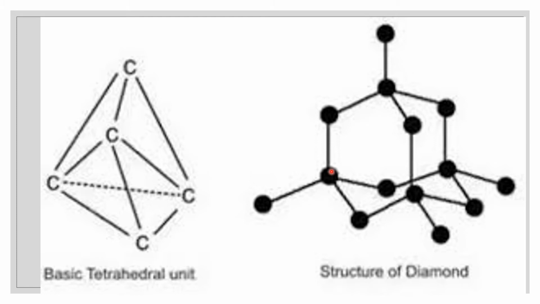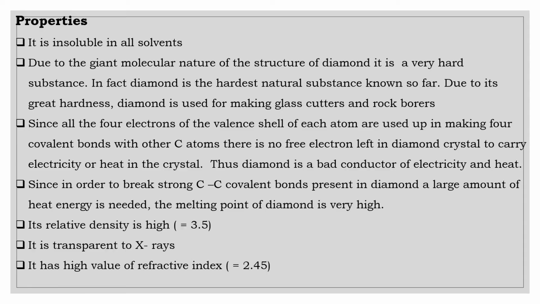In the same way, this carbon atom, the center one, is attached to 4 more carbon atoms. Like this, it goes on. This is the repeating unit, and as a result you get the giant molecular structure. This carbon-carbon distance is found to be the normal carbon-carbon distance of a covalent bond.